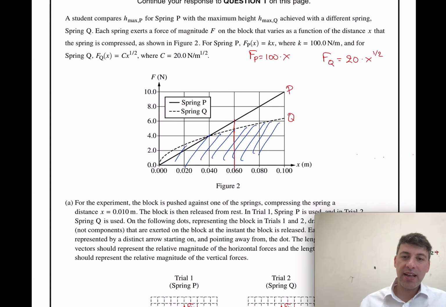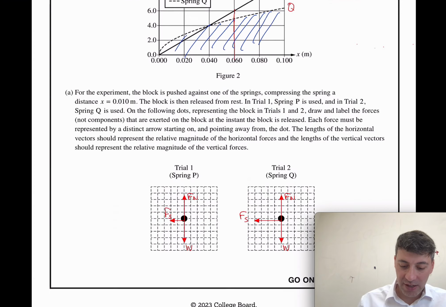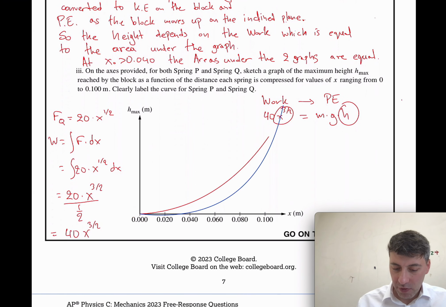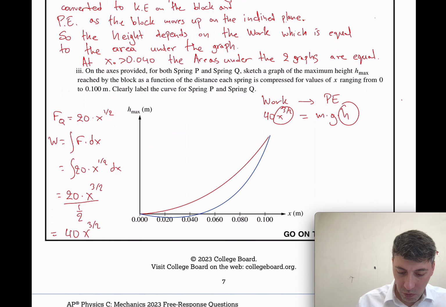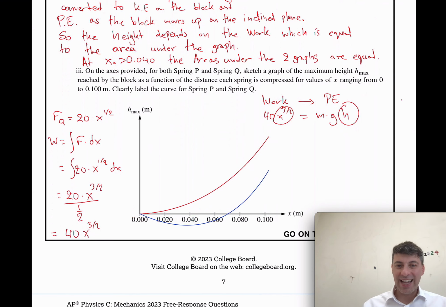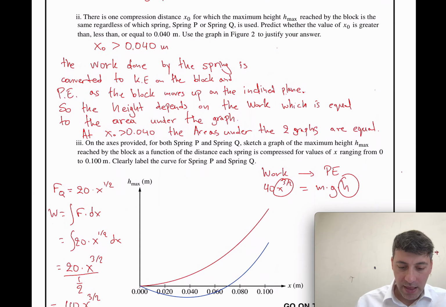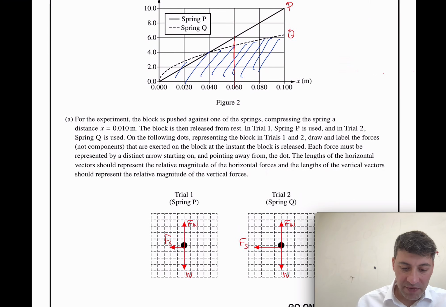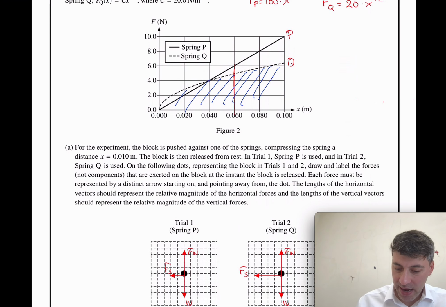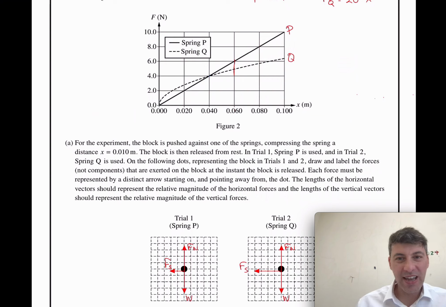This will bring a smaller value for the final height for the same compression. However, for the very start, the area of spring Q is slightly greater than the area of spring P.